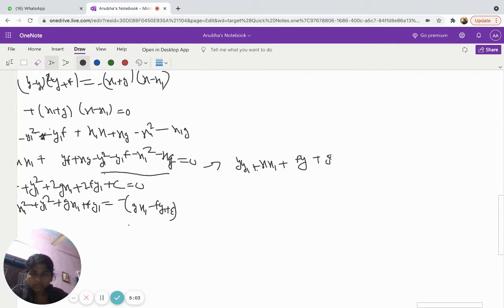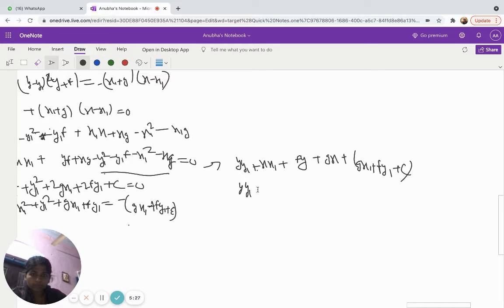So what we got: x x1 plus f y plus g x, minus of minus plus, so g of x1 plus f of y1 plus c, because this is plus sign here. So let's combine it.